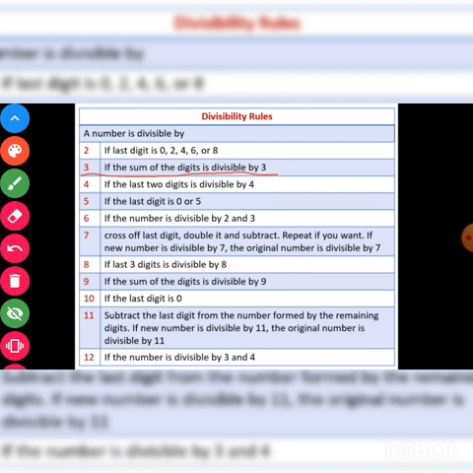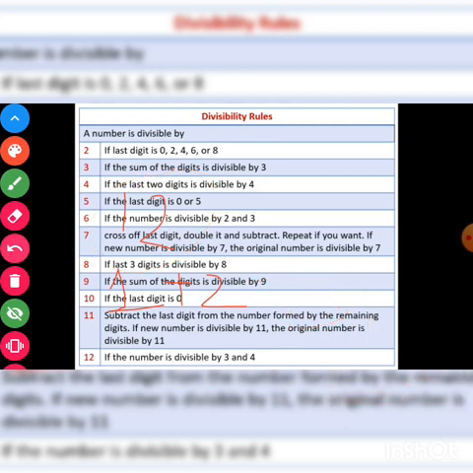And if the sum is not divisible by 3, then we say that the number is not divisible by 3. For example, let us take 12. Now let us add the digits. When you are adding the digits 1 and 2, you are getting 3. And as you know, 3 is divisible by 3. So that means 12 will be divisible by 3.